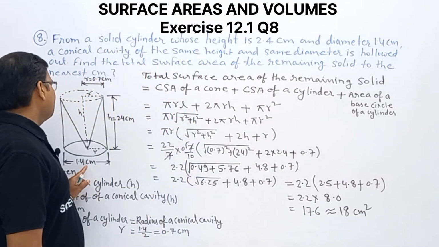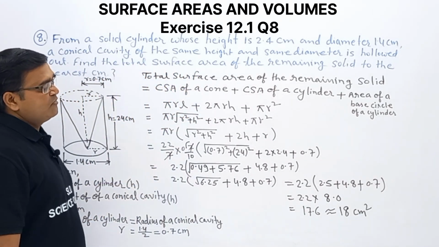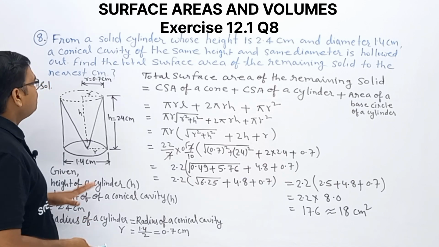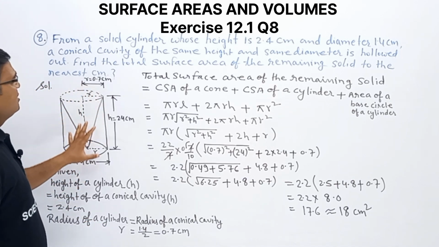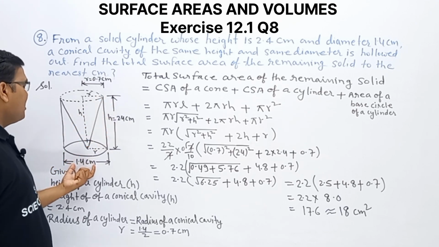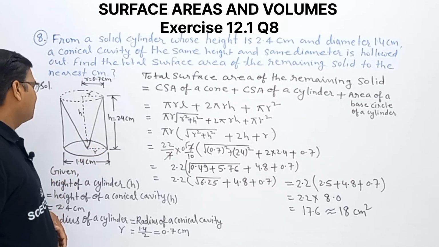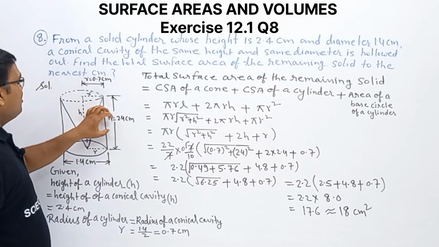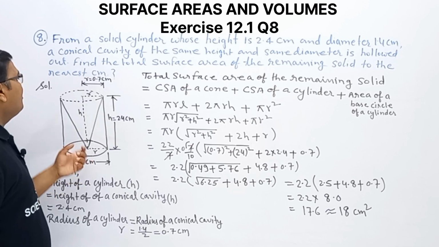This is an area, and we have the radius in centimeter, so this will be in centimeter square. Observe again what we are doing. We have one cylinder whose height is 2.4 centimeter and whose diameter is 1.4 centimeter. Half of this one will be the radius. Clear? Now we hollowed out a conical cavity of the same height and same diameter.